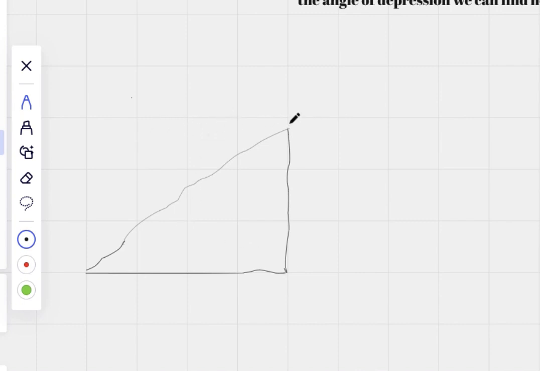Remember, from the top of the cliff, which is T, and the bottom here is F, there is a line of sight.